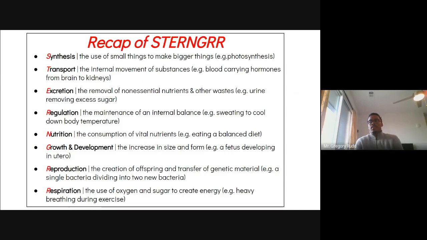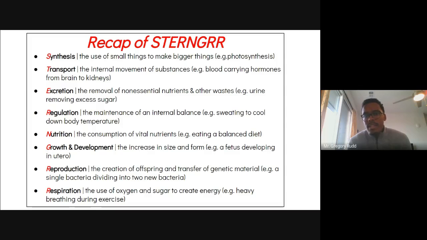For example, synthesis is the use of small things to make bigger things. So when I hear small things, maybe I should think about monomers. And I know that monomers, when we combine them, become polymers. For example, the monomer of a carbohydrate is glucose. If I combine glucose together, I end up with a much larger sugar.